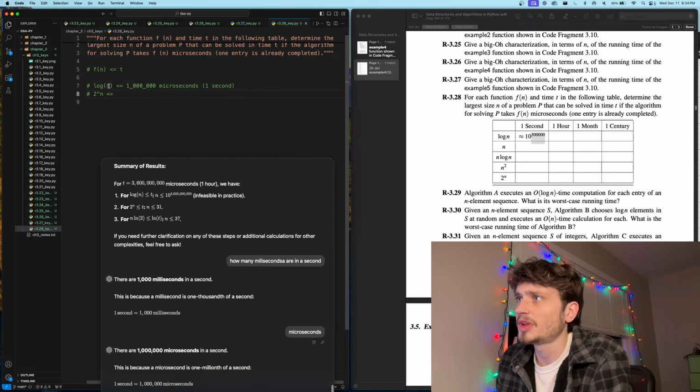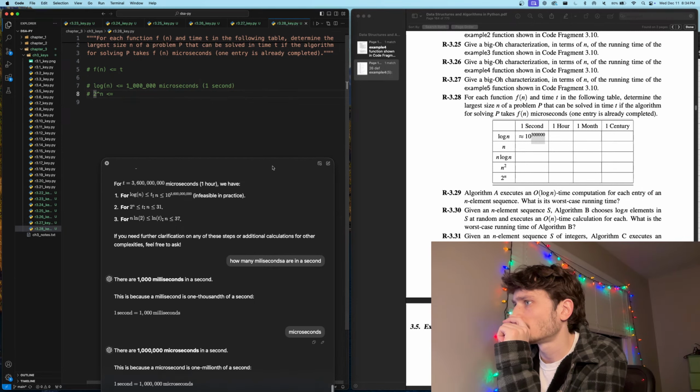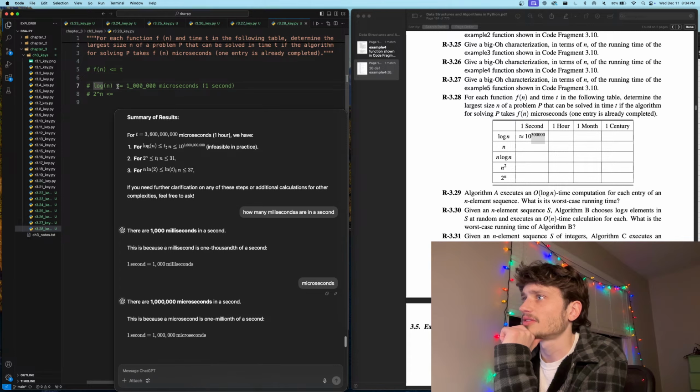So we need to be able to divide n by 2 a million times. So log n is less than or equal to 1 million microseconds.